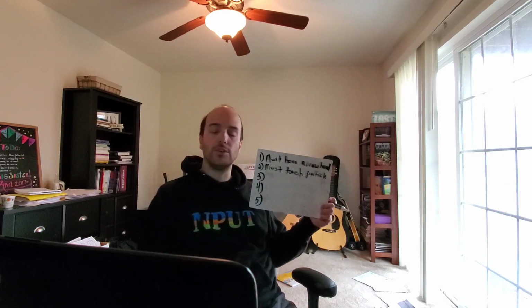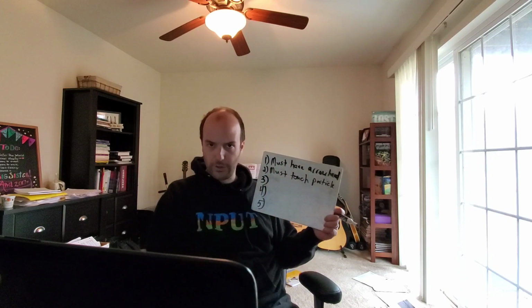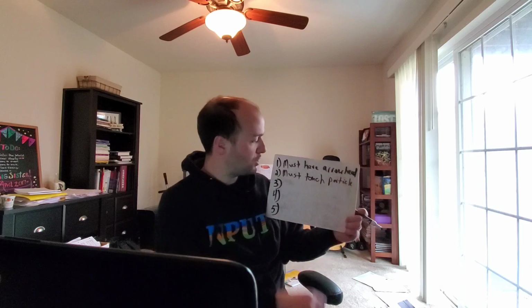Another one is it must touch the particle. When you're drawing your electric field lines, you've got to make sure that the lines actually make contact with the circle or whatever picture it is. Sometimes you'll see it's a bar, which we'll get to in another video. So must have an arrowhead, must touch the particle.